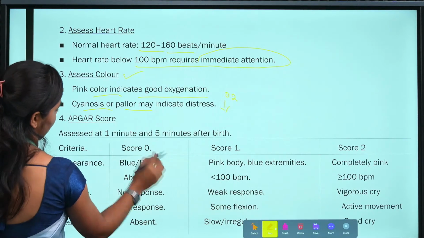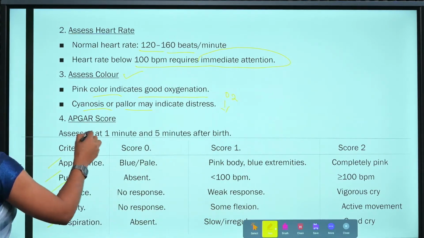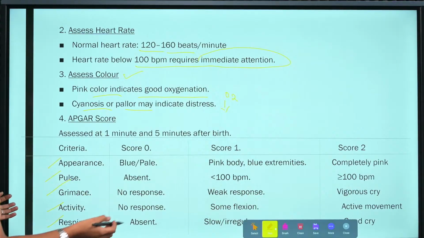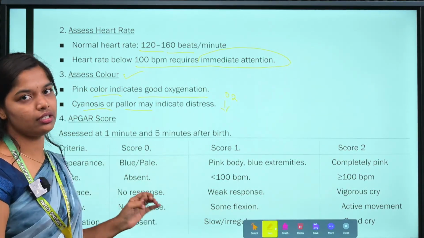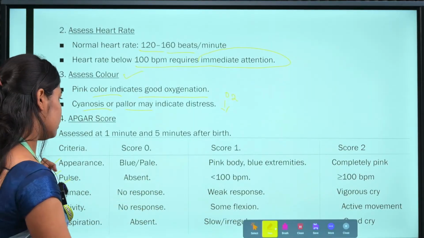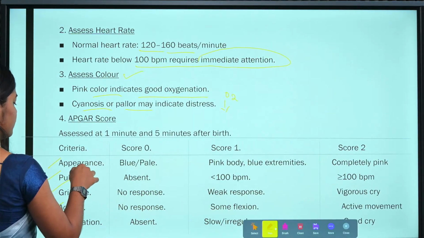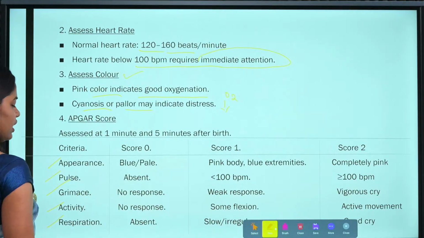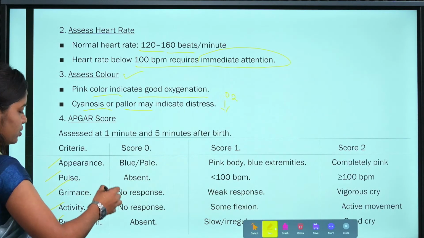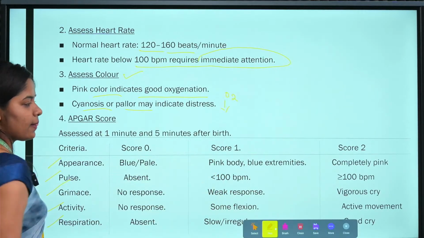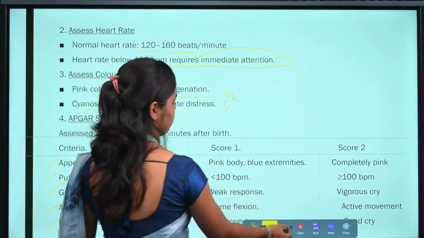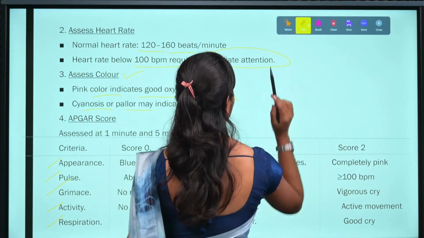We give the score after the delivery, at 1 and 5 minutes after the birth of the baby. Here the criteria include appearance, pulse, grimace, activity and respiration. We give the score 0, 1, 2 based on these criteria.